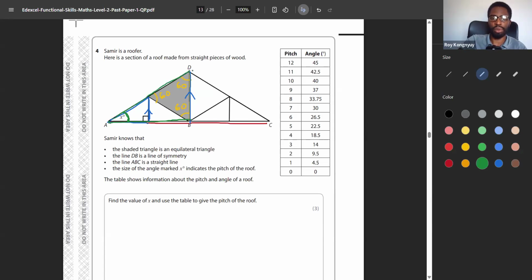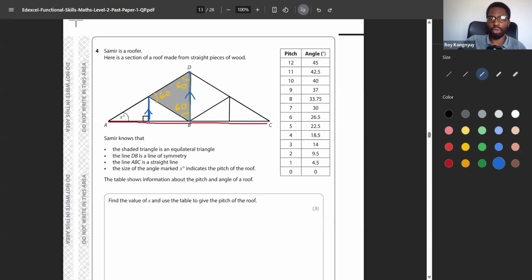And so they must be similar, right? And if that's true, these lines must be both parallel. Now, if that is true, this line in blue is parallel to DB.